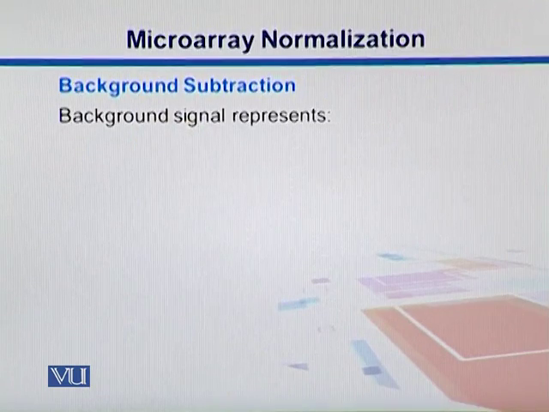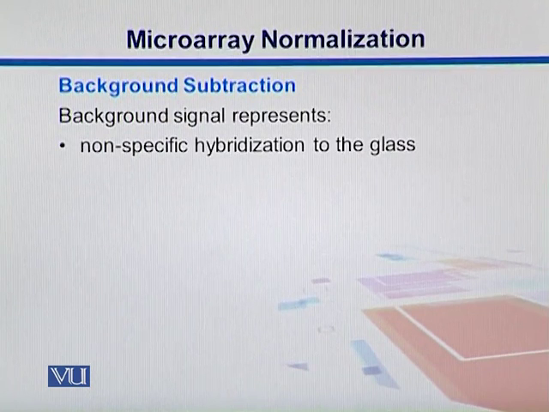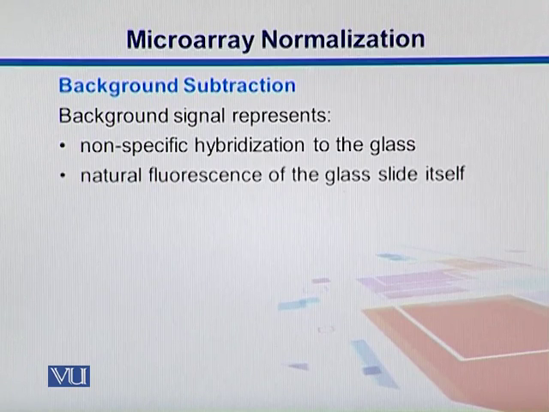Background signal represents non-specific hybridization to the glass. Sometimes we have those hybridizations to the glass, so actually it's not the true signal. It's something where the target is attached to the glass. We can observe some natural fluorescence of the glass slide itself. As I said earlier, there might be some spots or scratches on the glass.